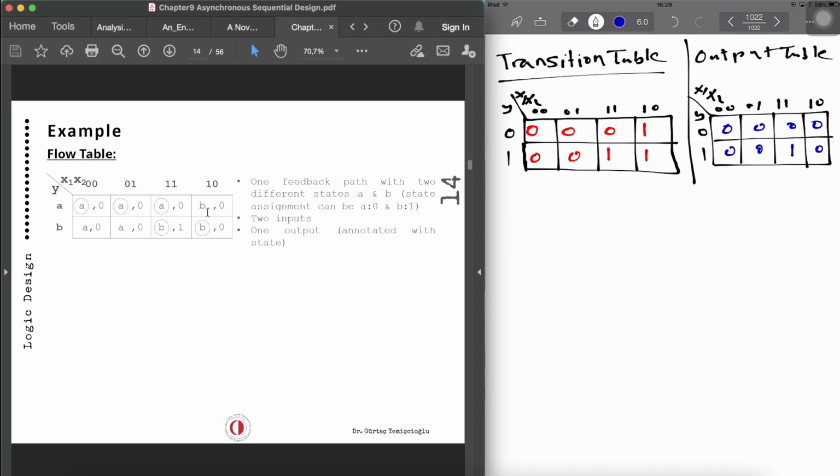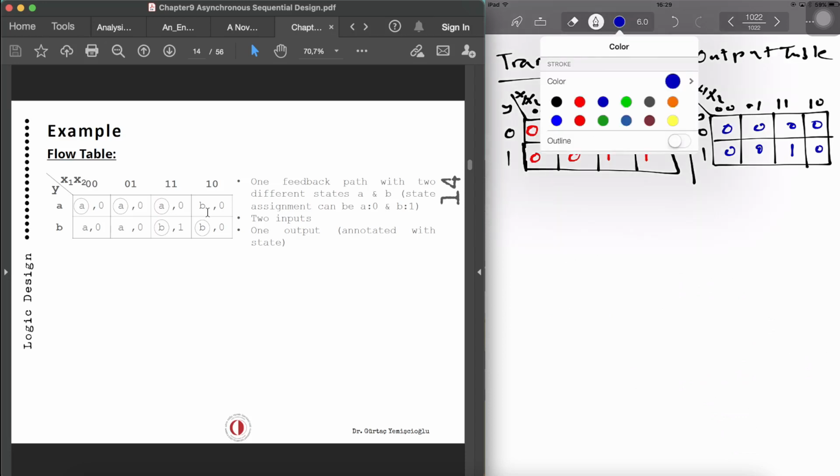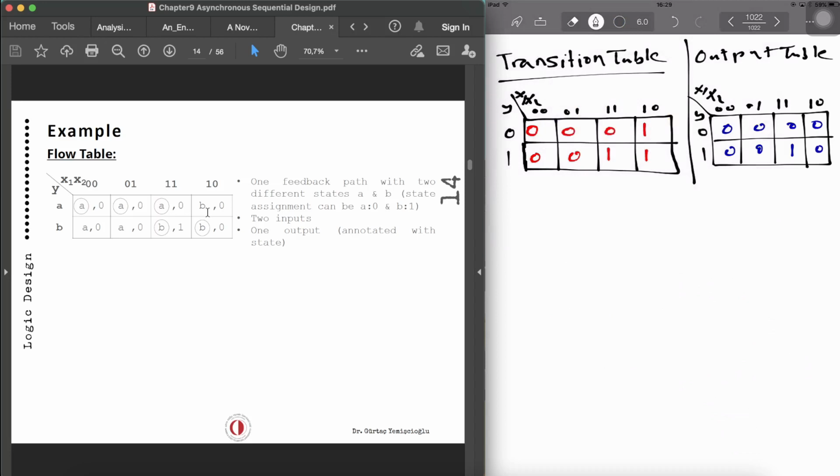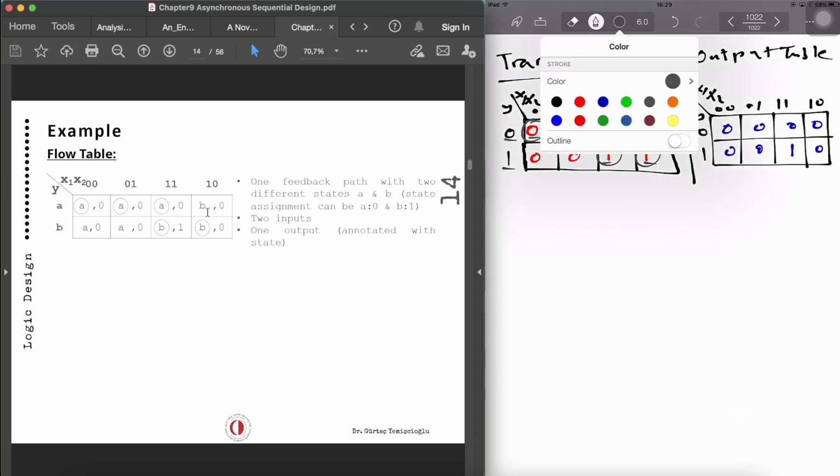Now, how can we derive an expression from these? It's so simple. We just need to apply the K-map techniques here. So first, we can identify which ones are stable. So this is stable, this is stable, this is stable. Why? Because the present is equal to the next. And when y is 1, these two are stable because present is equal to next. Okay. Now, how do we write an expression for it in order to derive the logic gate from it?